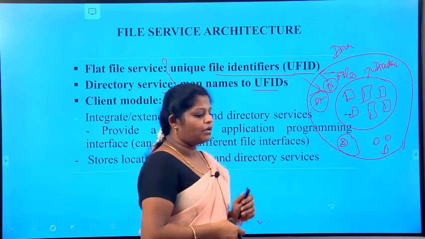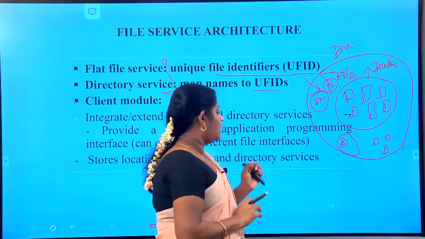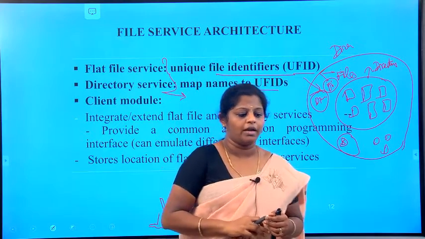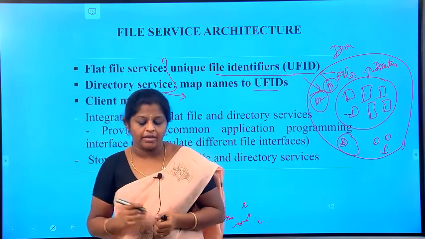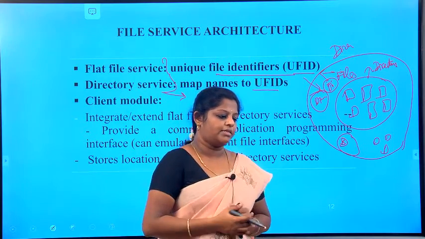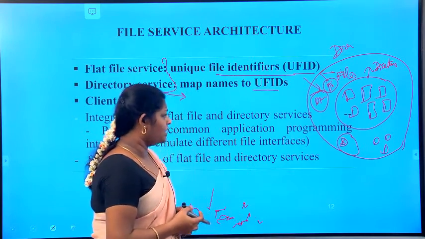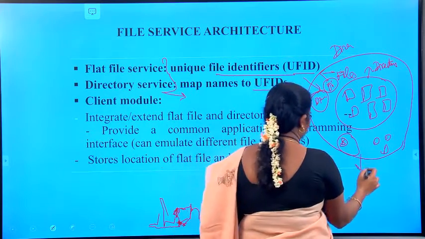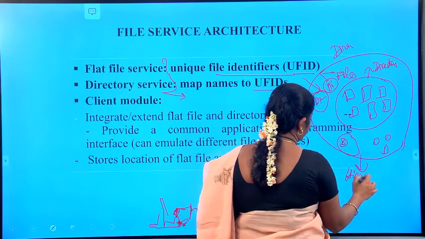If the directory files of a client of the flat file service are stored in files of the flat file service, I told you, the directory files are also stored in the file service. In this case we can call it a hierarchical system.